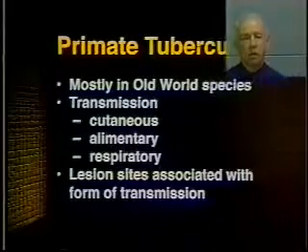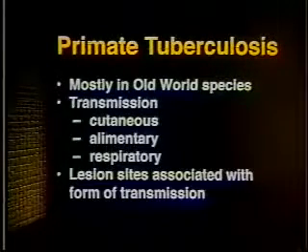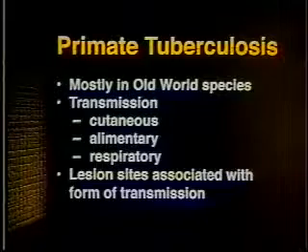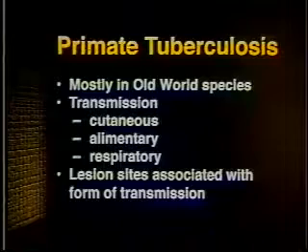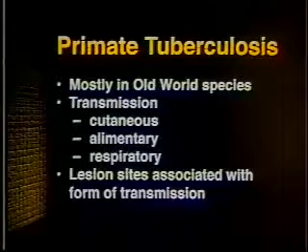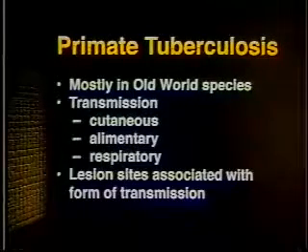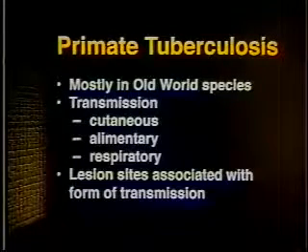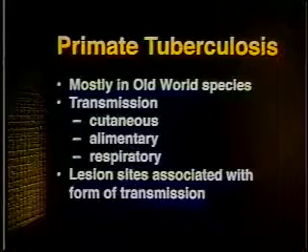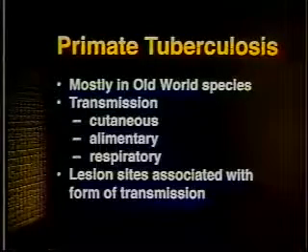Primates may become quite susceptible to tuberculosis. They largely do not have a problem with the disease in natural habitats, but old world species of primates, monkeys, and others, that are used in zoos or in biomedical research may become quite susceptible to the human form of tuberculosis, and often it is a human which initiates the infection, and then the disease is transmitted within those primate populations and possibly then transmitted back to infected humans.